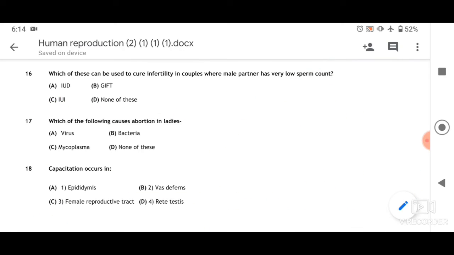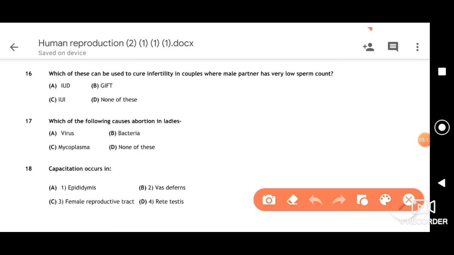Then let us understand question number 17. Which of the following causes abortion in ladies? This is again a critical question.